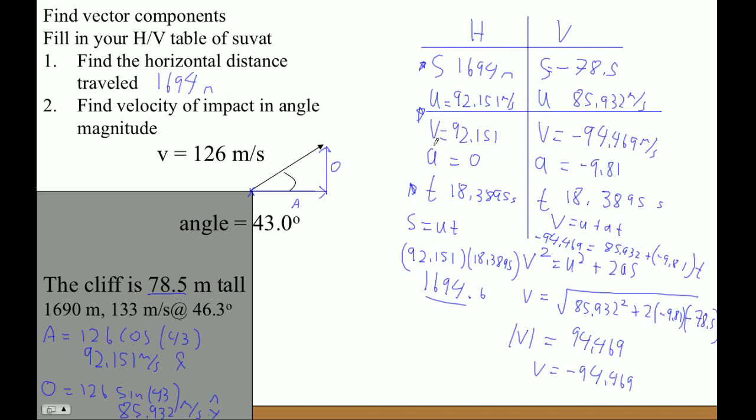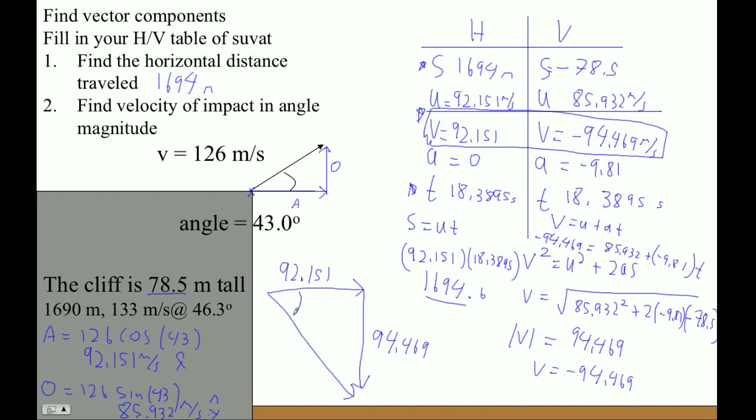So to do that, I've got to take these guys and draw a picture of that final velocity and then find an angle magnitude. So over 92, down 94.469. This is 92.151. And then we're going to find the hypotenuse and then that angle.